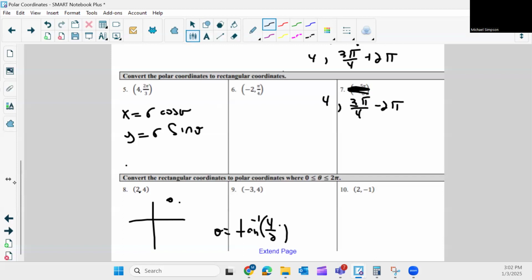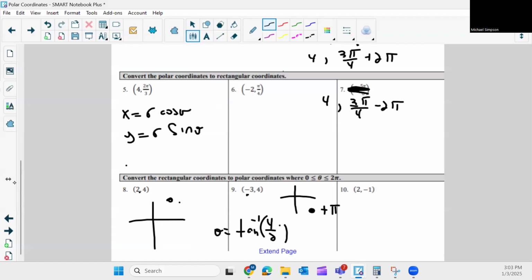So I'm good. This one, you're going to add pi because this point is in the second quadrant, but when we take tan inverse, it's going to give you an angle in the fourth quadrant. So you add pi afterwards. Just make sure you understand.